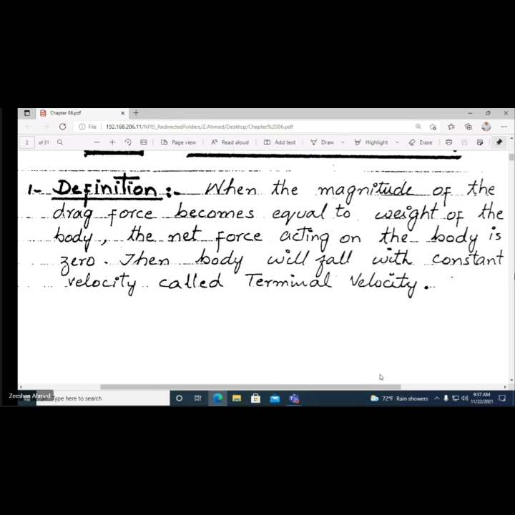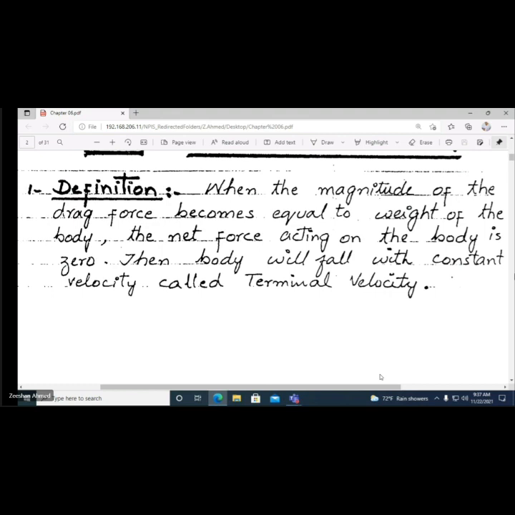A point is reached on its way when the weight and drag force become equal. After some time, he starts to come towards the earth with constant velocity.